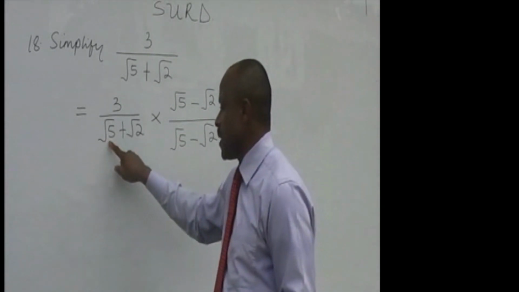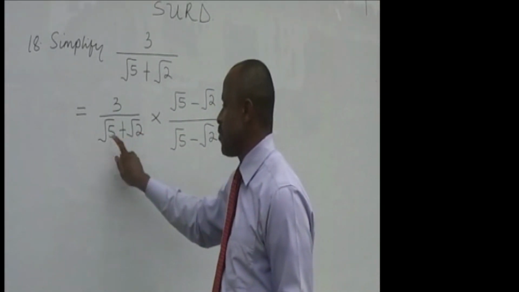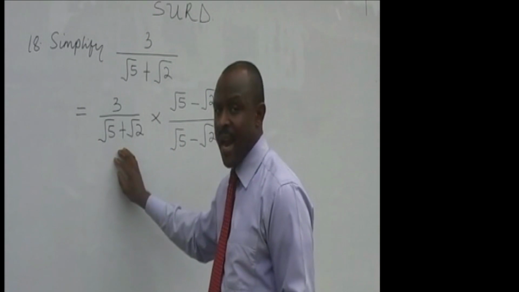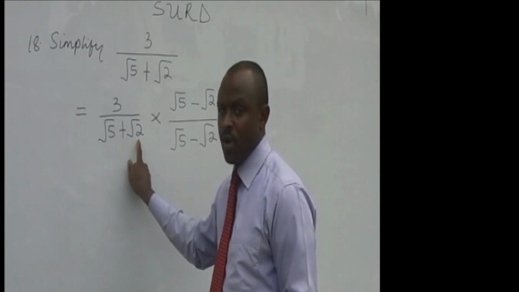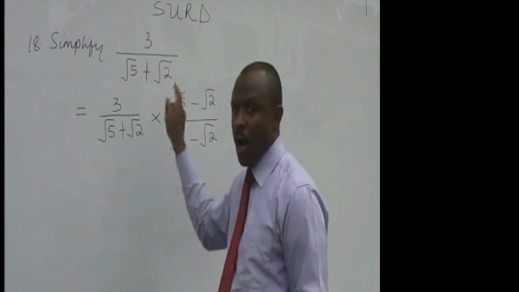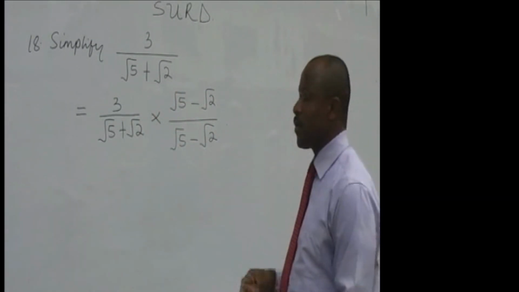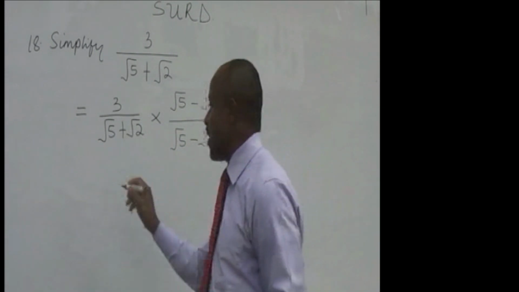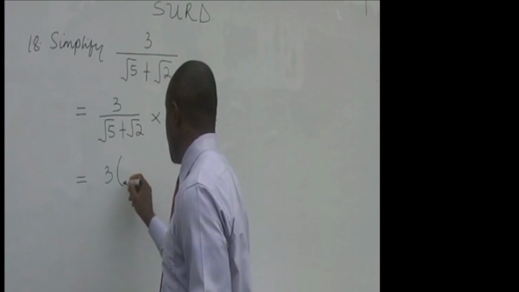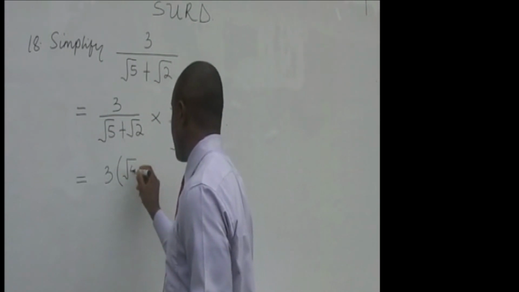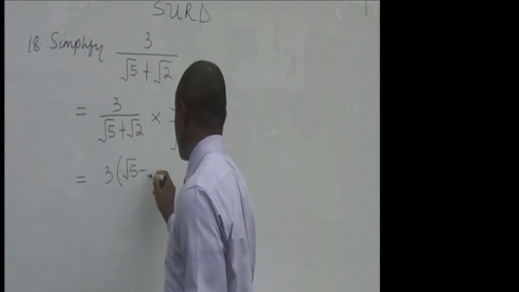Because there are two things adding themselves together in the denominator. If you want to rationalize, you multiply by root 5 minus the second root, up and down, just the way we have done. Now what you have exposed now is 3 into root 5 minus root 2.